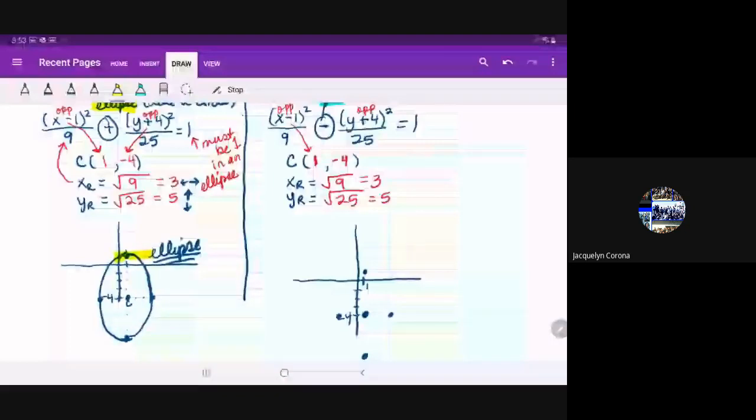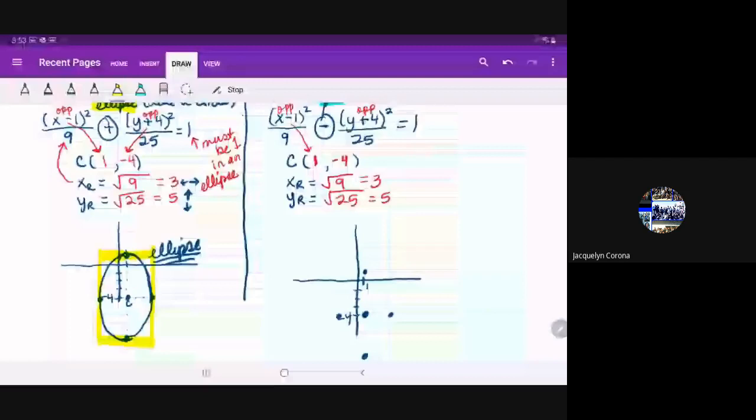Basically you draw a rectangle kind of protecting the ellipse. That one I made too far. So you make a rectangle with those endpoints, those dots that you made. So my hyperbola is going to be based on this box. Now you don't draw the box on the ellipse because the box doesn't have anything to do with the ellipse.